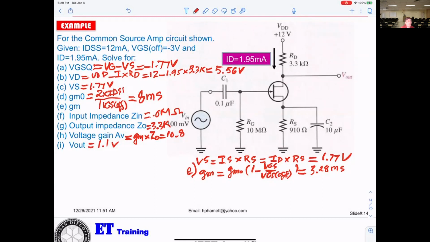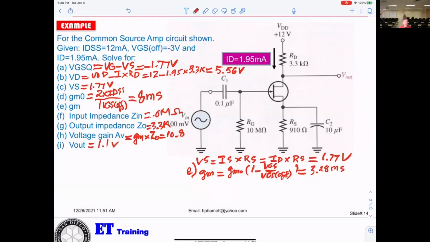Okay, up to this point, any questions? Make sure when you see this kind of circuitry, you're able to get it done quickly. That's what I like to see, that you're able to do it. Oh, I see what you did. It was 1.08, but you rounded it off to 1.1. Right.